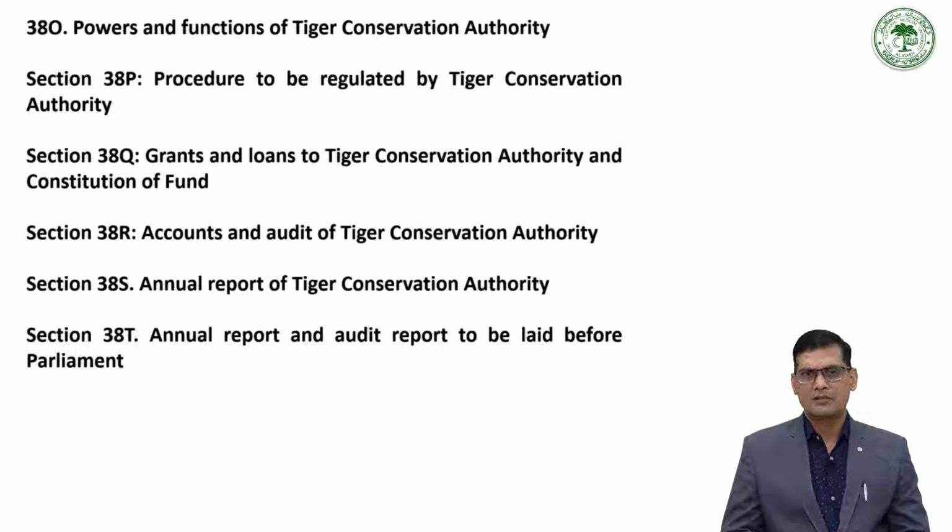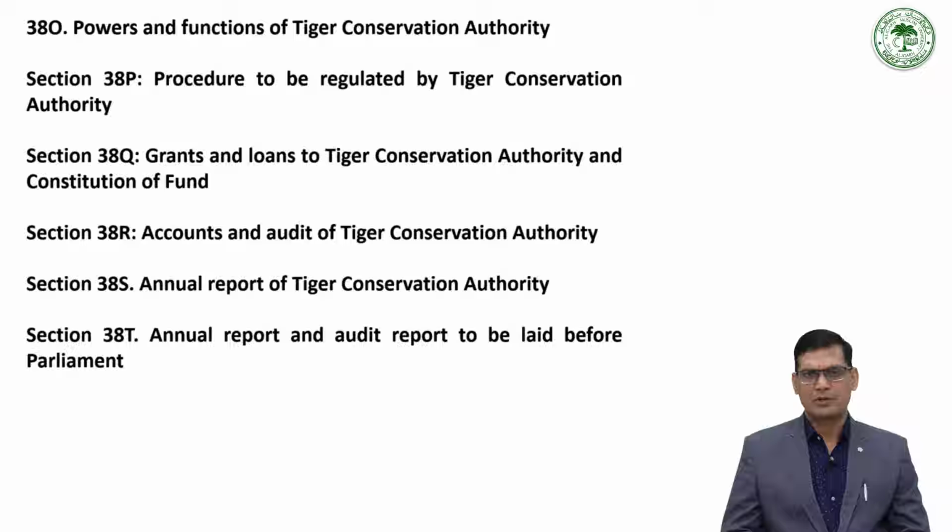The National Tiger Conservation Authority shall have the following powers and perform the following functions. It has to approve the tiger conservation plan prepared by the state government. It is supposed to evaluate and assess various aspects of sustainable ecology and disallow any ecologically unsustainable land use practices in tiger reserves.